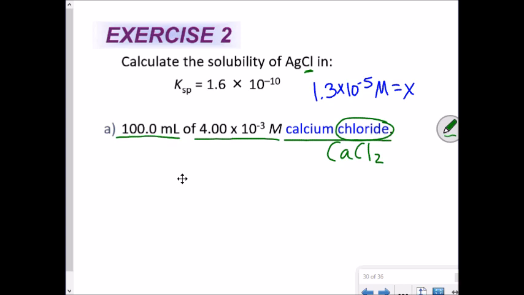So this is like a doubled concentration of the chloride, right? Because when we say 100 milliliters with a 4.00 times 10 to the minus 3, that's referring to the formula unit. We have to double that to get our concentration of chloride. And you're going to set up something like a modified ICE chart here.